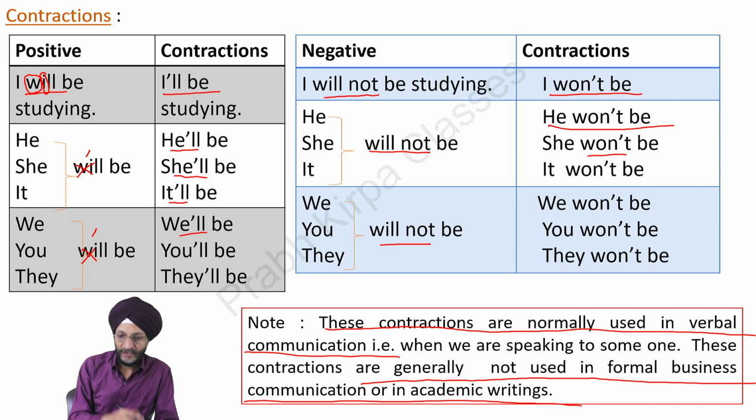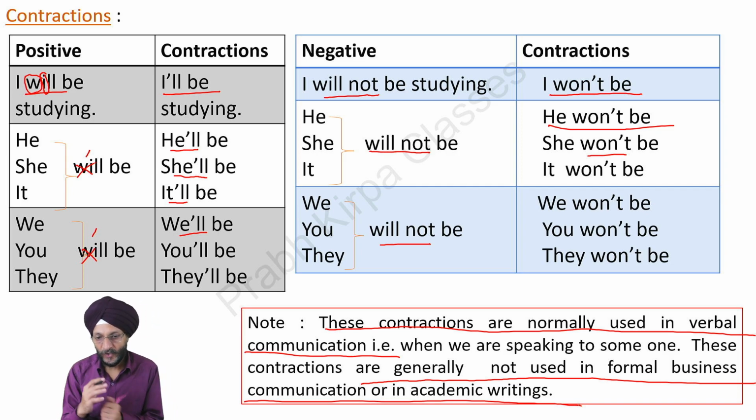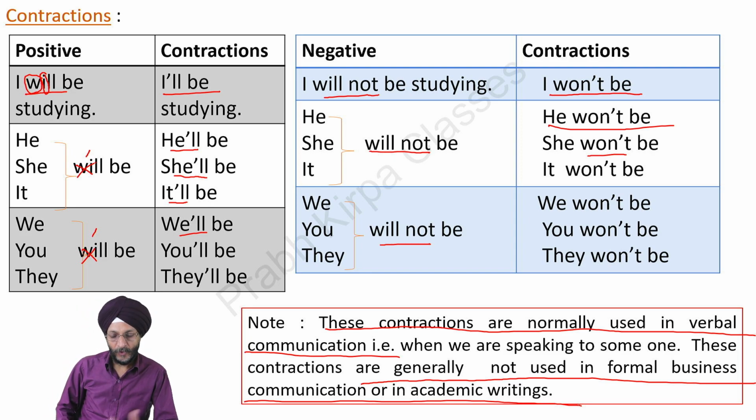That is, we are not to use these contractions when we are studying or for study purposes. We are to use these contractions only when we are talking with someone verbally in an informal way.